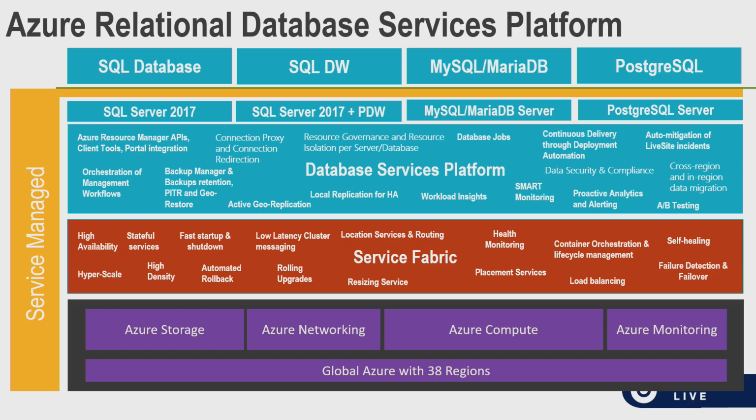But there is very big commonality. We abstract it as a database service platform, which does lots of things in common. Let me give you an interesting example. Here is workload insight, which is a very famous feature of SQL Server. We try to apply some AI or intelligence to look at your workload.